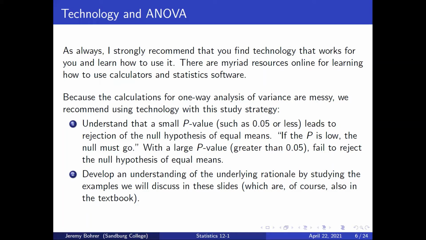If the p is low, the null must go. With a large p-value greater than 0.05, fail to reject the null hypothesis of equal means. Second, develop an understanding of the underlying rationale by studying the examples we will discuss in these slides, which are, of course, also in the textbook.